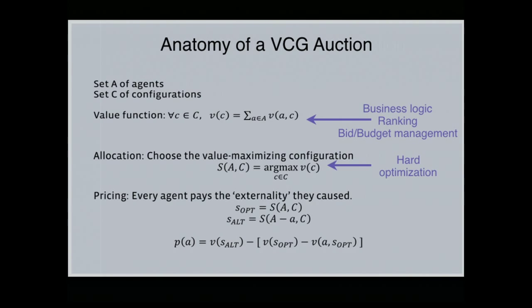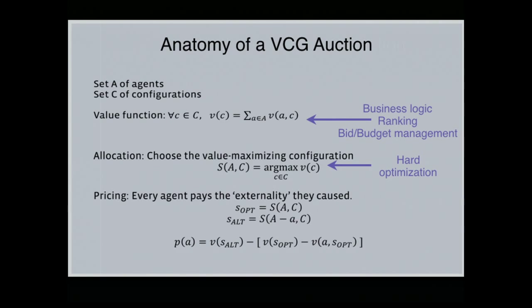Now, the first question is, how do we come up with the value that an ad has for a given configuration? I've touched on it with this utility function, value of click, probability of click.